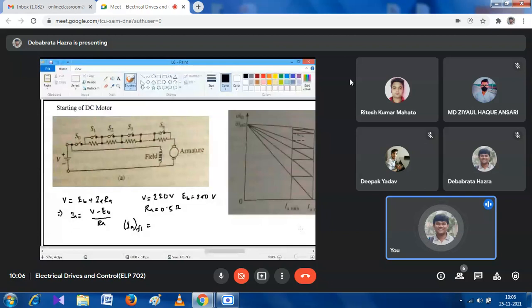And what is the value of starting armature current?